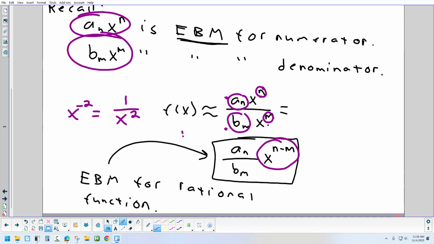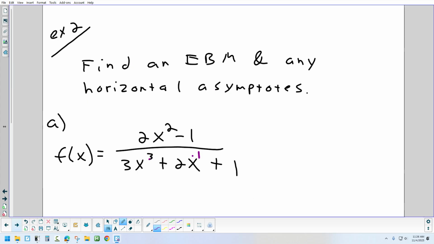All right, so let's try to find an EDM for this one. We've got 2x squared minus 1 on top, and 3x cubed plus 2x plus 1 in the bottom. What is the highest degree term in the top? 2x squared.